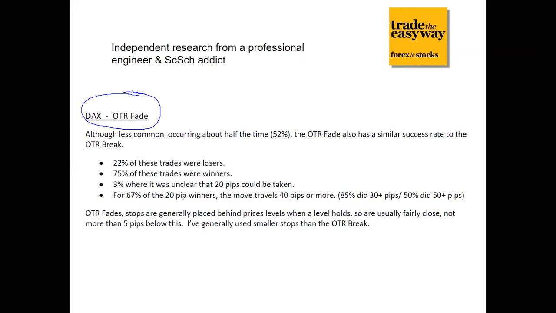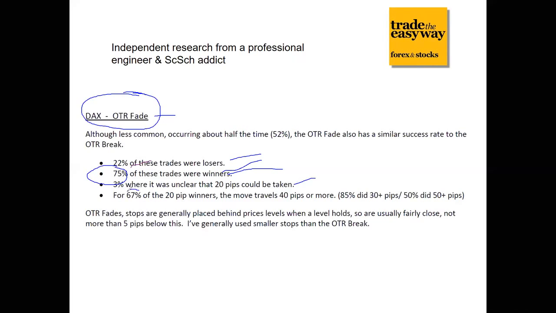So what's he said here? On this particular example, he's back tested the DAX and the pound. On this one setup that we use, he said 75% of them were winners, 22% of them were losers, and 3% were trades that were not triggered by our system.